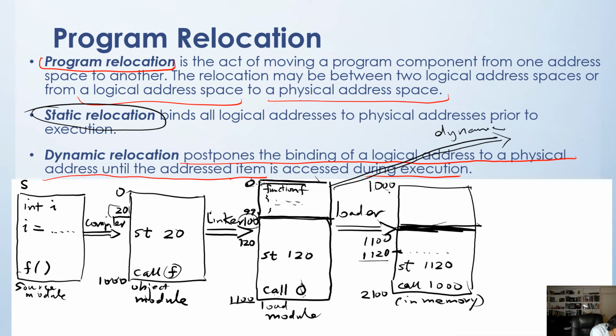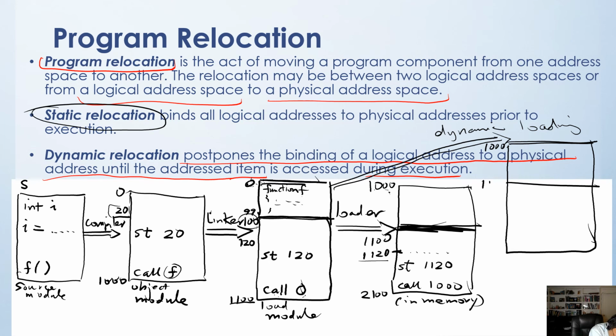Then I'm going to load this thing to the physical memory space 1000. Okay, now that's still 1100. And then during the dynamic loading, this is supposed to be the memory location that stores the value for I, and this is the store.